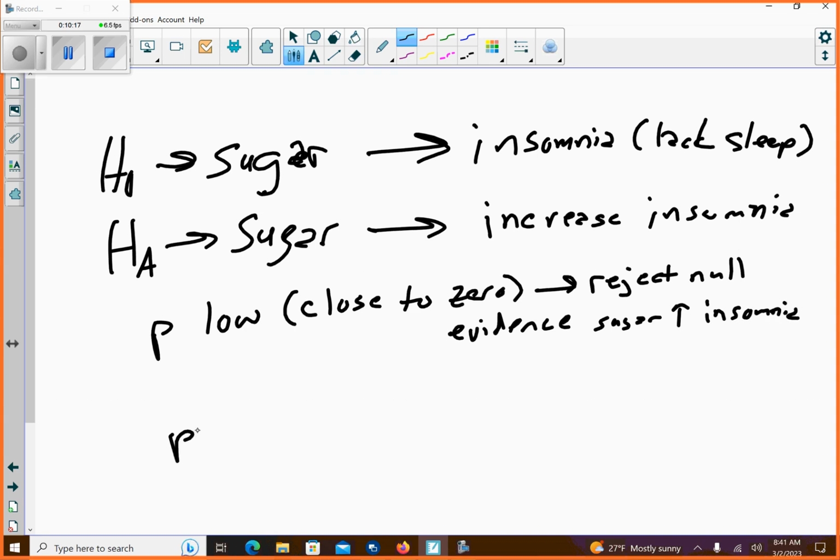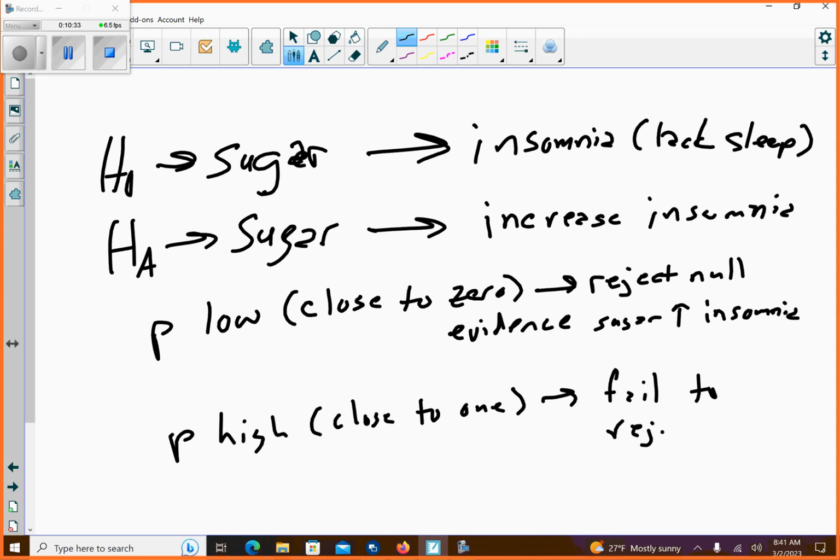If our p-value is high, so close to 1, then we fail to reject the null, and this says that there's evidence not found in sugar to insomnia.